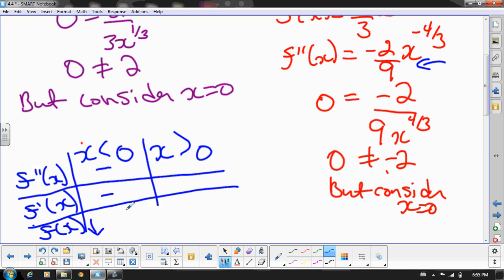So that means that it's concave down and it's decreasing. Now if we do the same thing and substitute in a value greater than 0 into the first derivative, I'm going to get a value that's positive, which means it's going to be increasing. And then if I substitute into this value over here, I am going to get a negative once again, which means that it's still concave down.